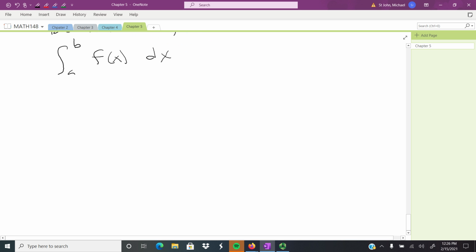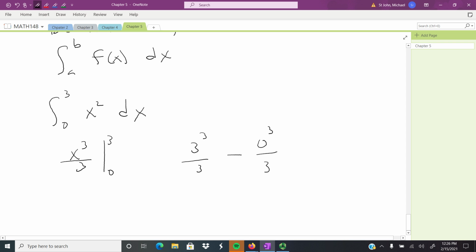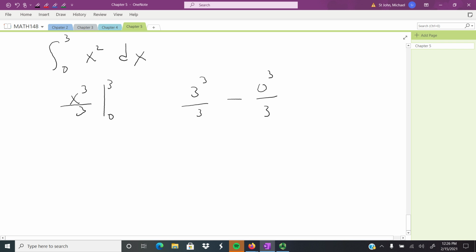For example, if we integrate 0 to 3, x squared dx, this will be x cubed over 3, evaluated from 0 to 3. So this is going to mean 3 cubed over 3 minus 0 cubed over 3. And this will be 27 over 3, and we end up with an answer of 9.